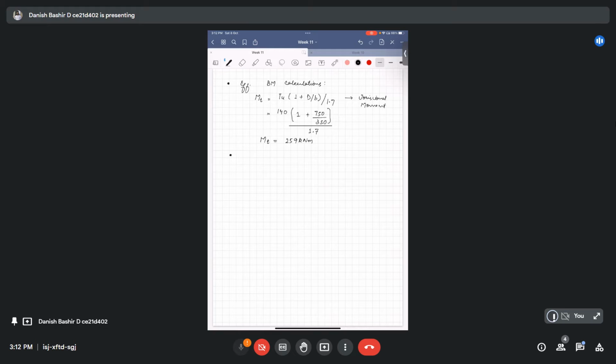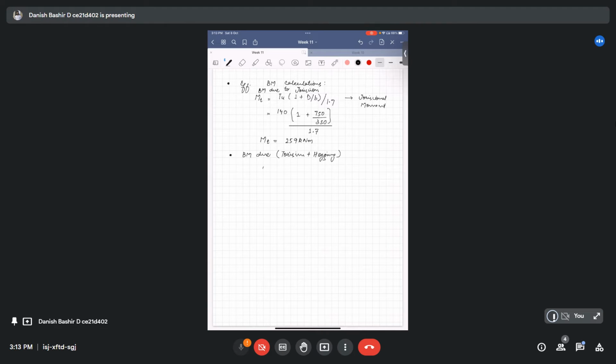Now we will see the equivalent bending moment, that is, the bending moment due to torsion plus the hogging moment that is already given.